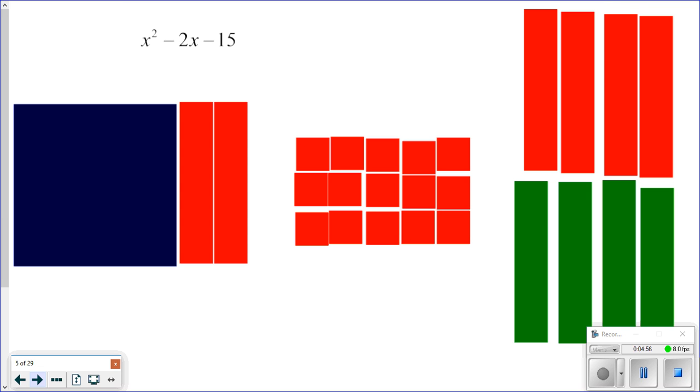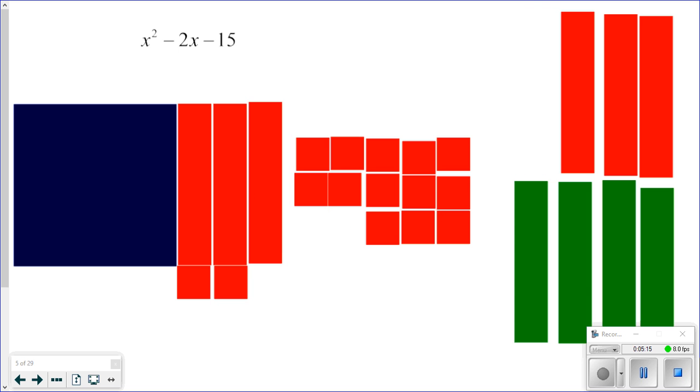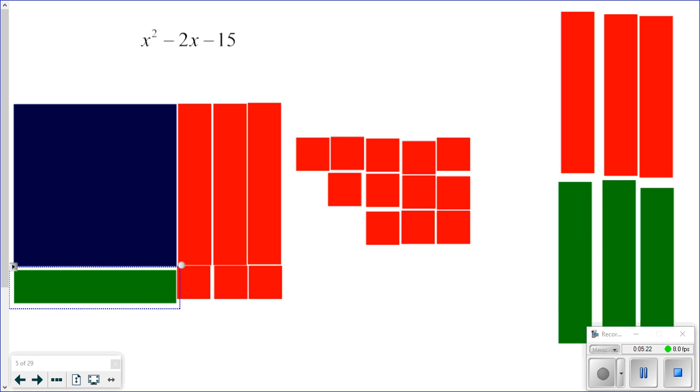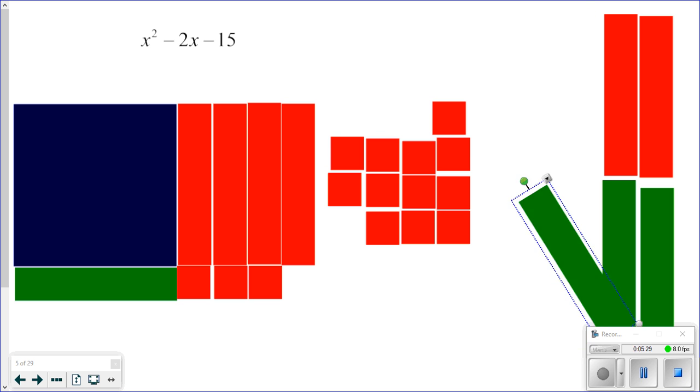All right, so let's do it again. We have x squared minus 2x's here, and I have a negative 15. So I'm going to put some of these down here. I'm going to add in a red one, but then I need to cancel that out with a green. Then I'm going to add in another red one, cancel it out with another green.